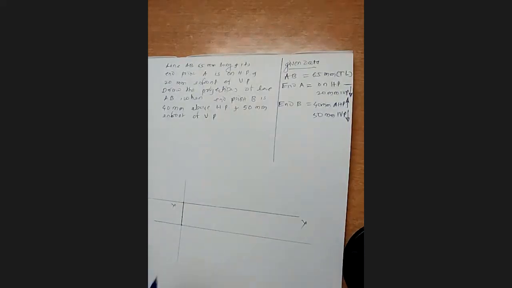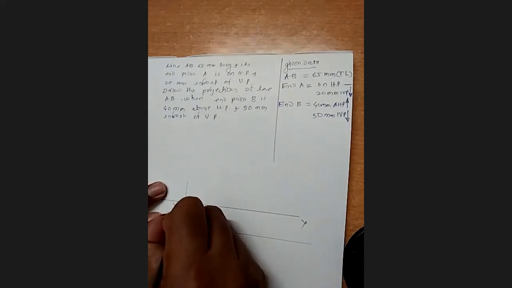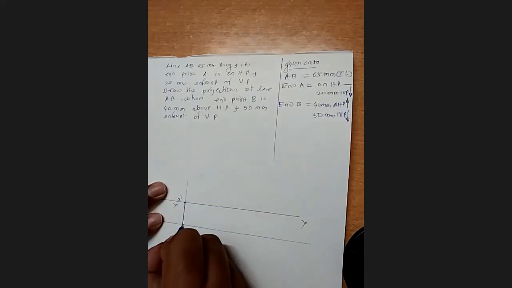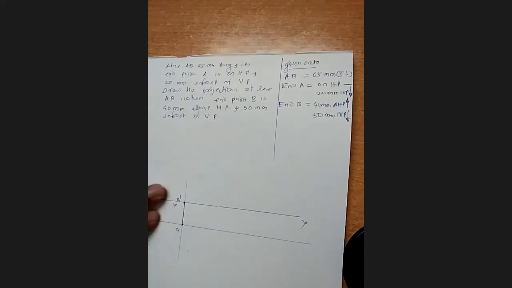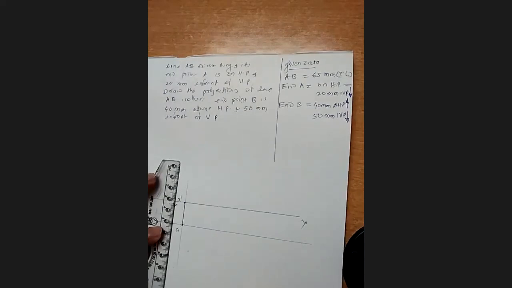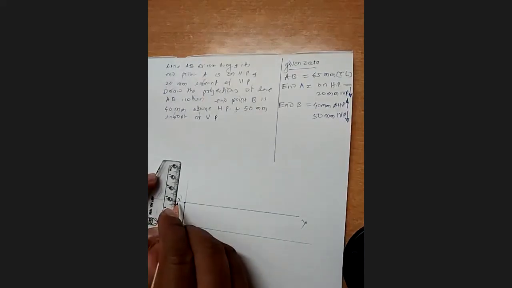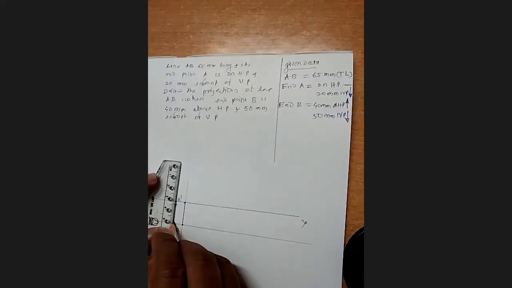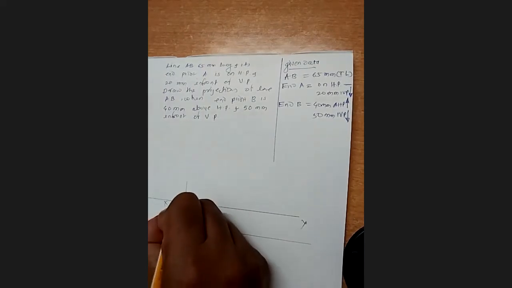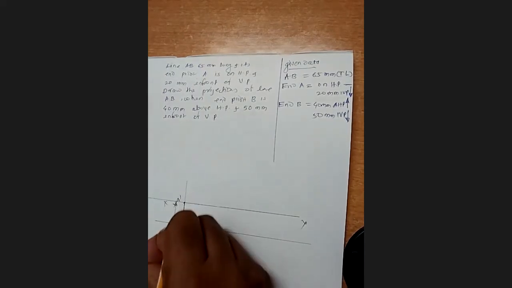So we'll name this point. This point is going to be the A dash, and this point will be the point A. As it is on HP, the front view point is going to be on XY line, because no above HP distance has been given here. It is on HP.